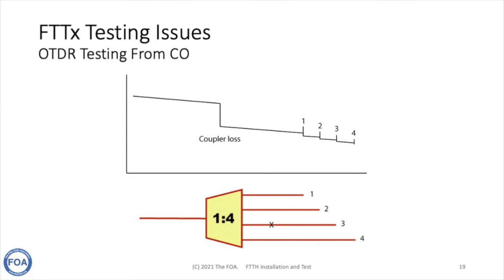You will see a peak at the end of each of them, indicating their different lengths, but it is impossible for that segment of the test to look at each of the fibers individually. You're looking at the summation of, in this case, 4 fibers.